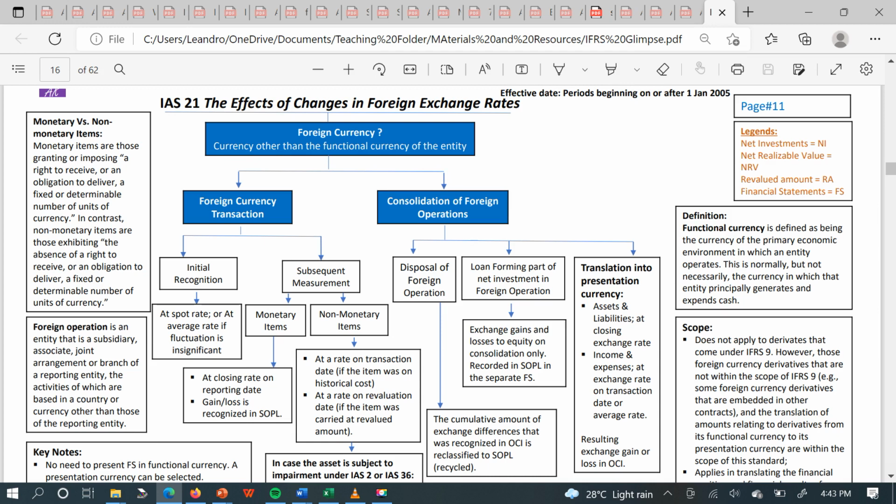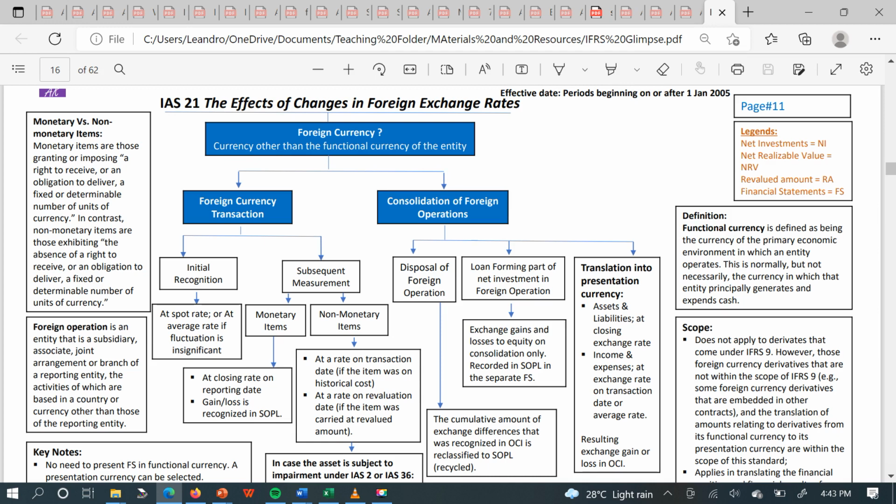And then we also have to think about a situation where an entity has a subsidiary outside Ghana. So here we are in Ghana, the parent is a Ghanaian entity, and then the parent has a subsidiary in Togo. Now the subsidiary will be using CFA and the parent, let's say, will be using Ghana cedi for presentation. So how do we add? You know about consolidation.